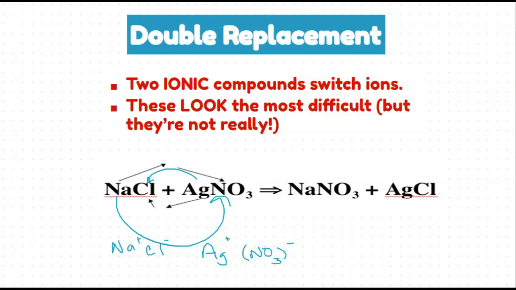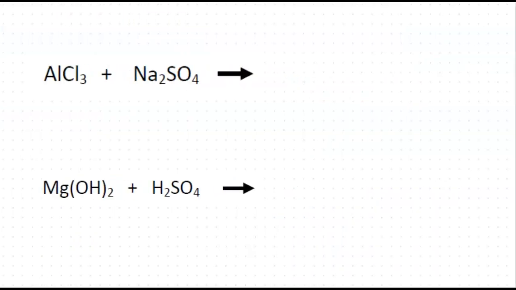All they did was trade ion partners. So the sodium connected to the nitrate, which is why we have sodium nitrate, and then the silver with the +1 connected to the chloride, which is why we have silver chloride here. So let's look at another example or two.